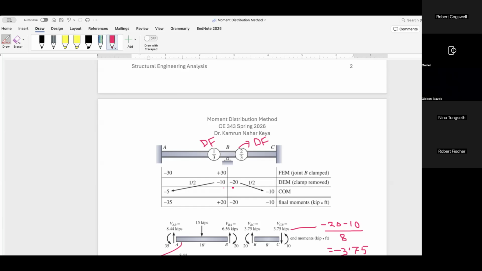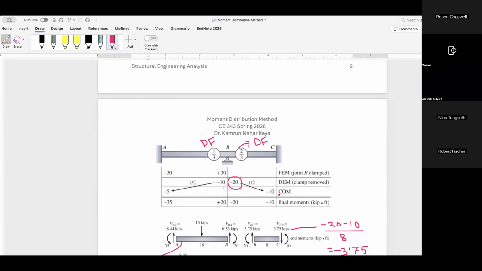Make sense? And then for this one, 2/3, if you do 2/3 of 30, you will get 20. And it's also minus because we are going to use the opposite sign. In the opposite support, it will be half of the computed distributed moment. So use half, minus 10.